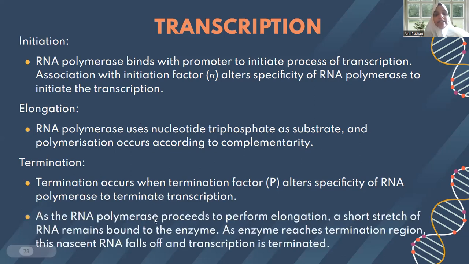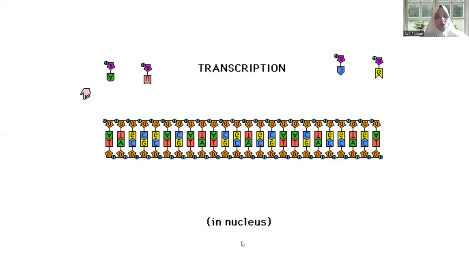Fine. As the RNA polymerase proceeds to perform elongation, a short stretch of RNA remains bound to the enzyme. Then as the enzyme reaches the stop site, that is the termination region, this nascent RNA falls off. So whatever RNA has been made gets detached, and then transcription will be stopped.